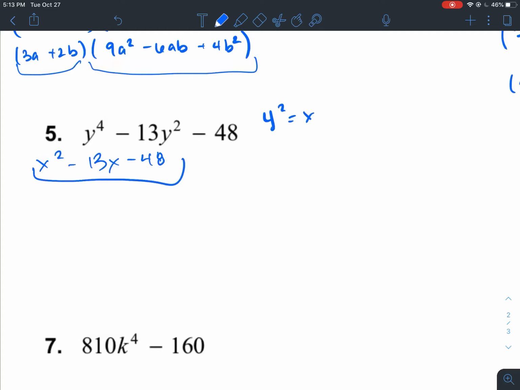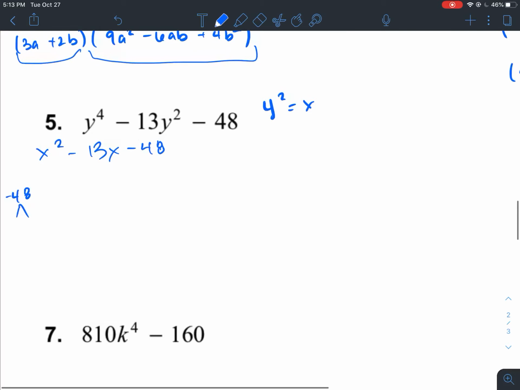This is something that's not really anything new. If I take negative 48 and try to break that down into factors, I'm trying to find a number that multiplies to be negative 48 but adds to be negative 13. So 48 can be broken down into 1 times 48, or 2 times 24, or 3 times 16.